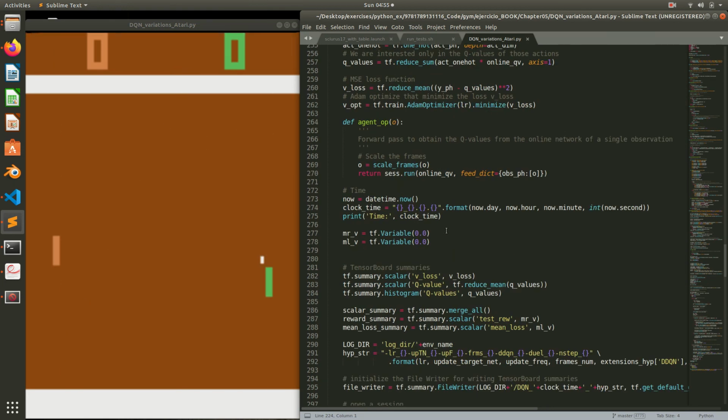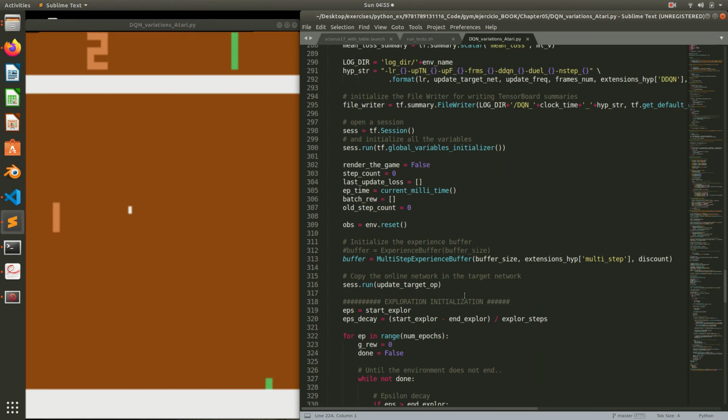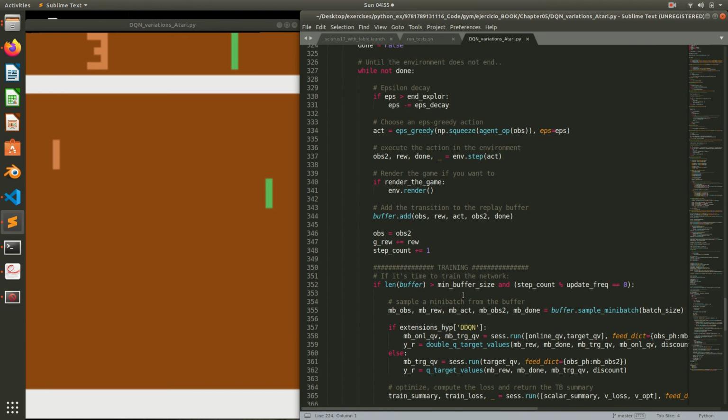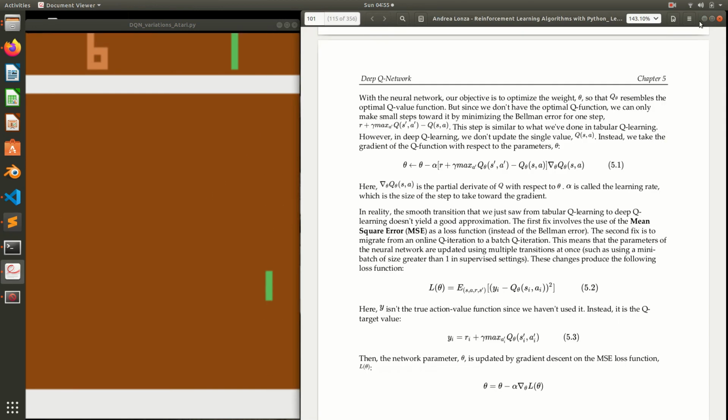And finally we have the output, that is the motion of this agent for this video game. Okay, this is basically the overview of this algorithm.